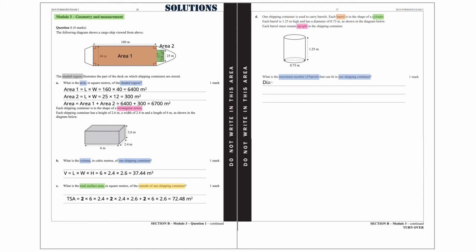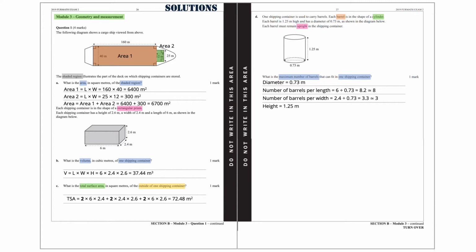First of all, the diameter of the circle is 0.73 meters. So, to calculate the number of barrels per length of container, we divide 6 by 0.73 and we get approximately 8. We are going to do the same to calculate the number of barrels per width, but this time we divide 2.4 by 0.73, and that is approximately 3.